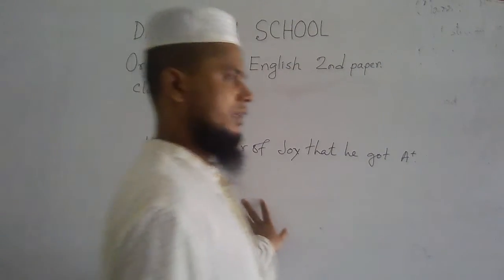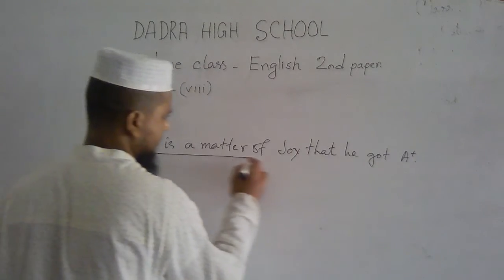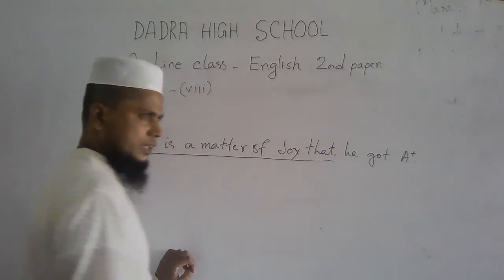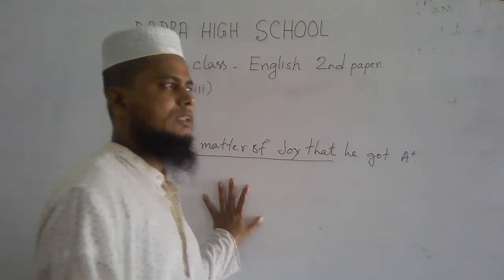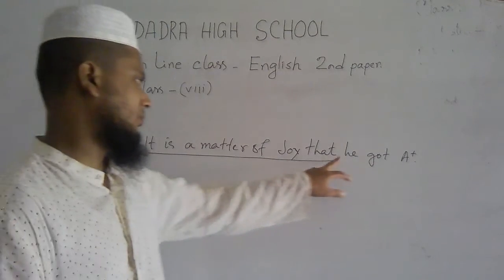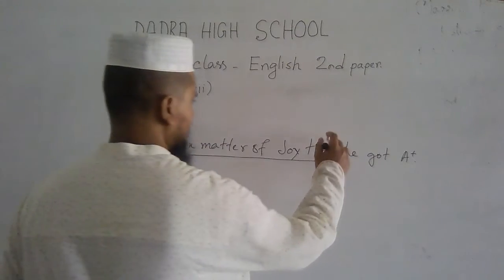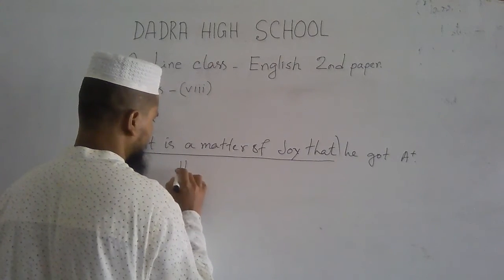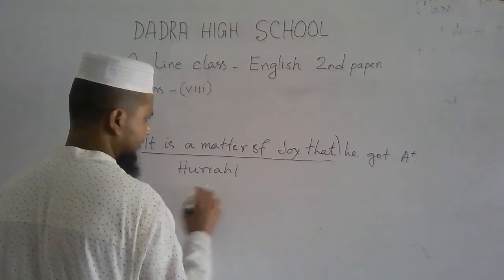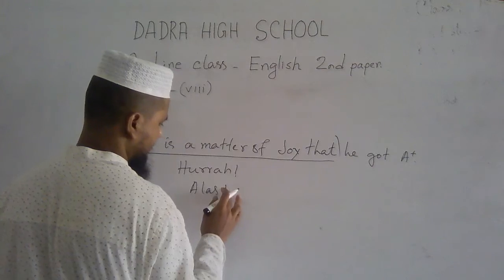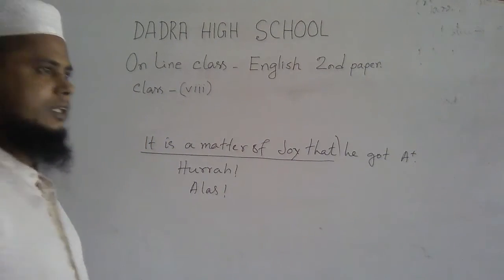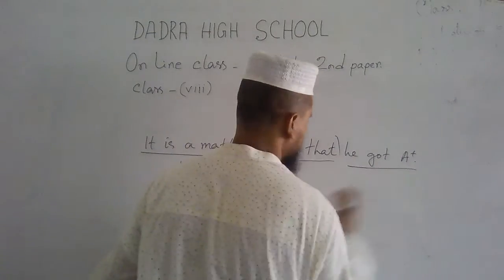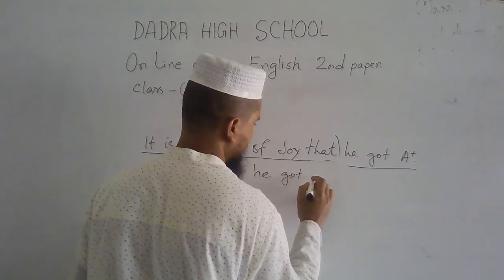If you get such an assertive sentence that starts with it is a matter of joy that, or sorrow that, or wonder that, or shame that, at first, you have to give up the starting phrase totally, and then you will use for joy, hurrah, for sorrow, alas, and for another form, you will think of the meaning and use an interjection, and then you will use a note of exclamation and the sentence. He got A plus.